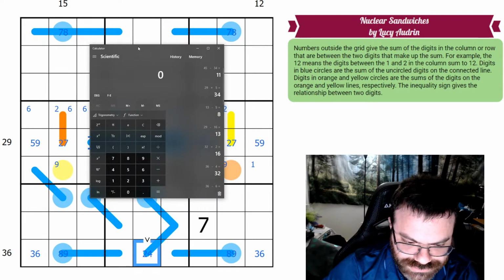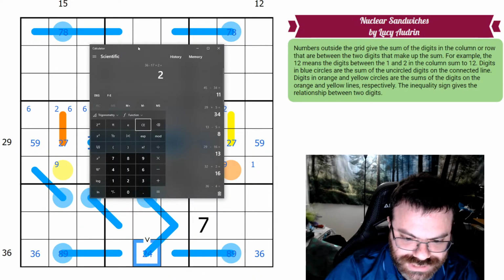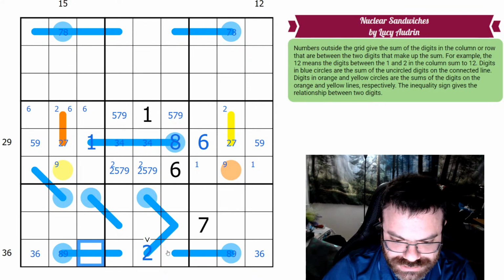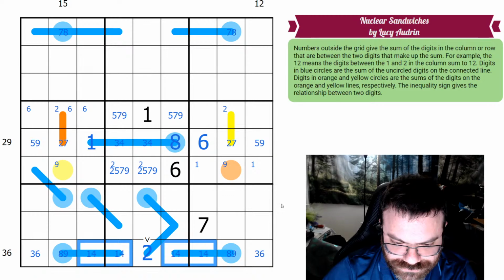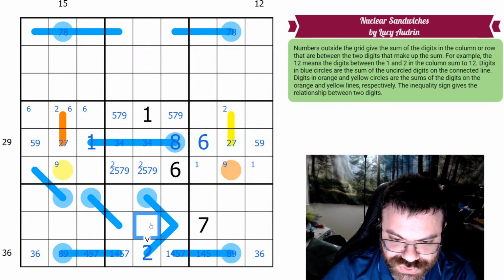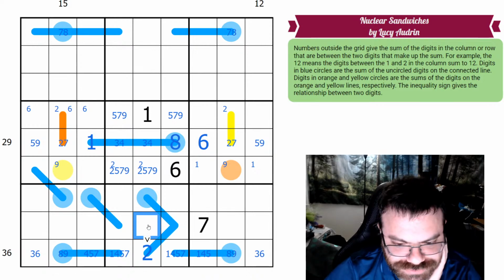Because we've got 36 minus 17 times 2. Yeah, so this is a 2. And then these are 1, 4, 5, and 7. That's not a 7. It's not a 1. This just has to be bigger than 2, which is literally any possibility for the column.